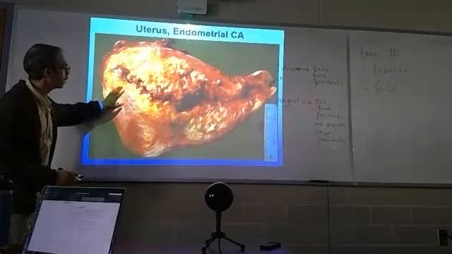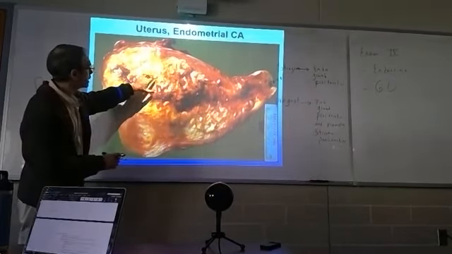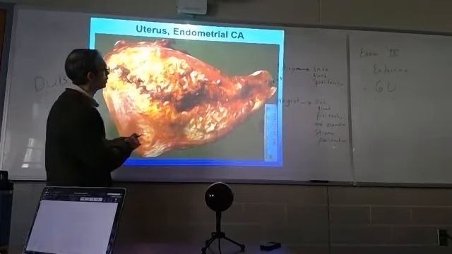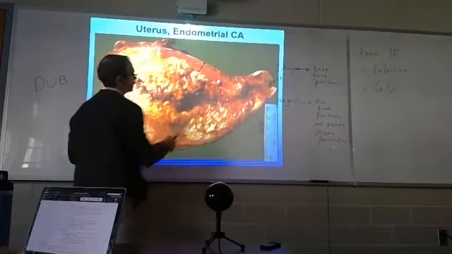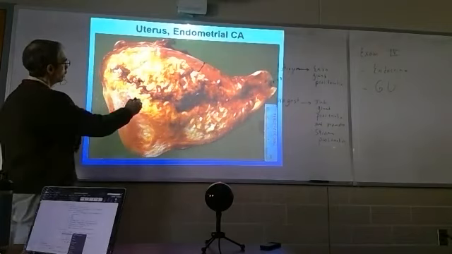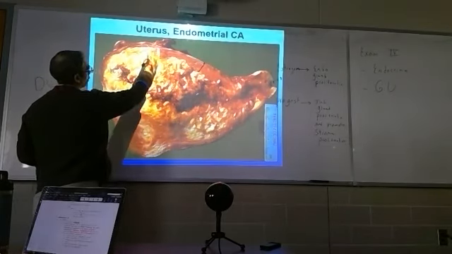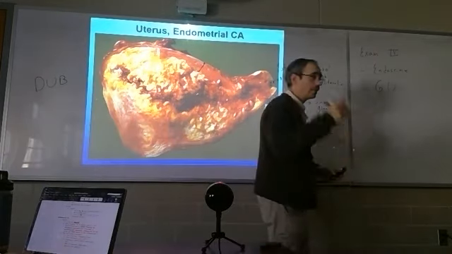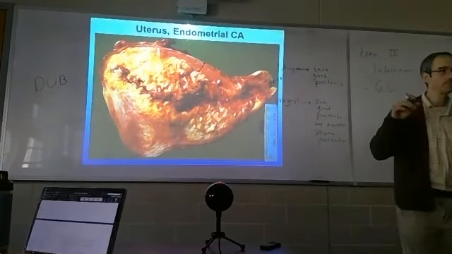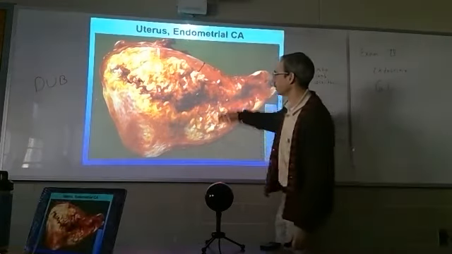This is all endometrial adenocarcinoma. You can see that this cancer is infiltrating. Look at the wall of the uterus. There's the wall of the uterus, mostly intact here, mostly made out of muscle. Look what happens over here. Look at all this white-yellow stuff. It's infiltrating the wall of the myometrium. That's local invasion. That's clearly a cancer. It's clearly invading into the wall of the uterus.